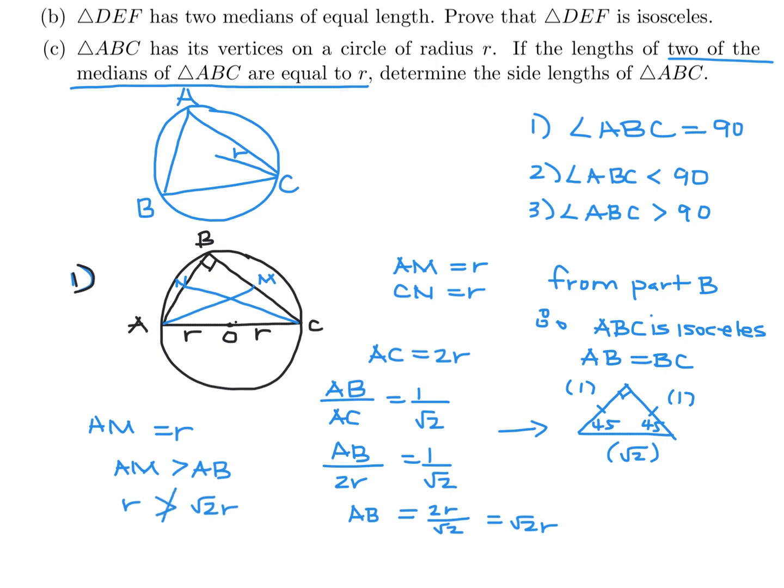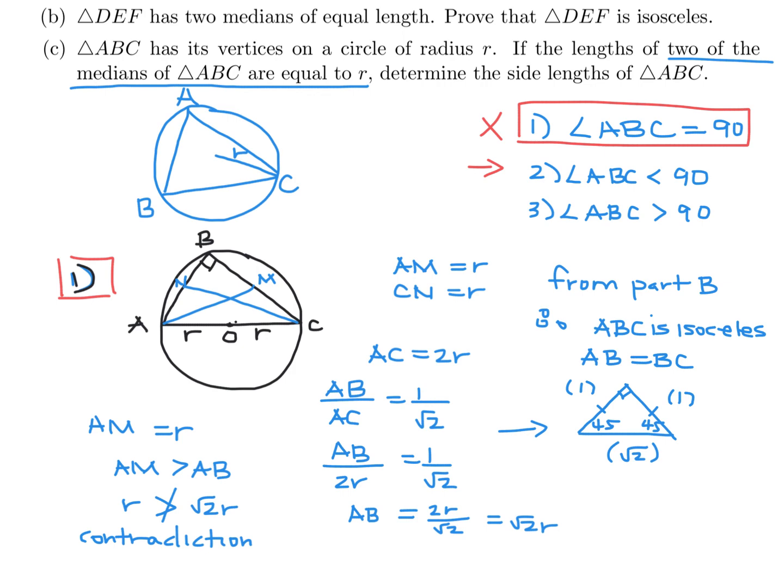So it doesn't work. We have a contradiction. And therefore, after a big long song and dance, this first scenario is invalid. So this case, where we set the angle equal to 90 degrees, is not possible. That's pretty much what we did there.